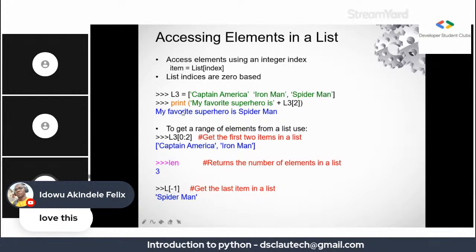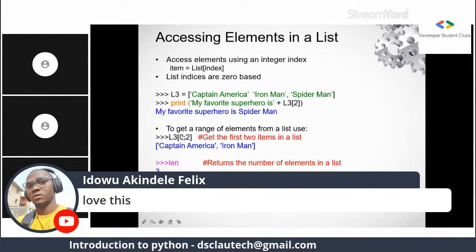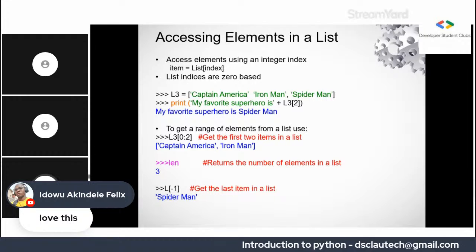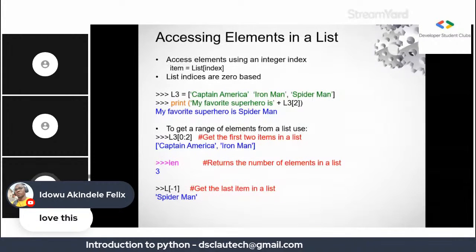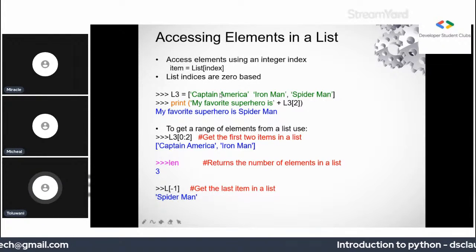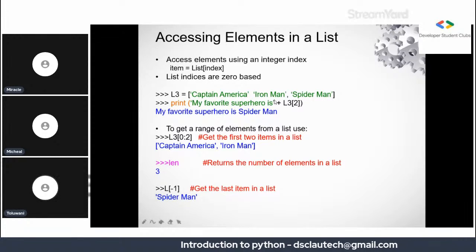Can we still see my screen, please? Very good. So please note that when you're counting in Python, Python starts from zero. You don't start from one in Python, you start from zero. So you have zero, you have one, you have two, you have three. So Python counting always starts from zero. So if I want to pick these two elements in Python, of course I have zero and one.